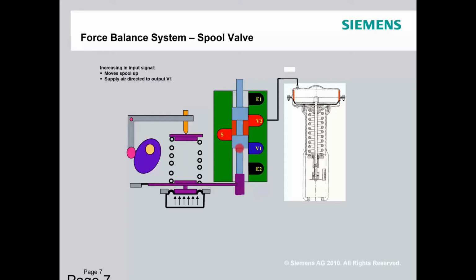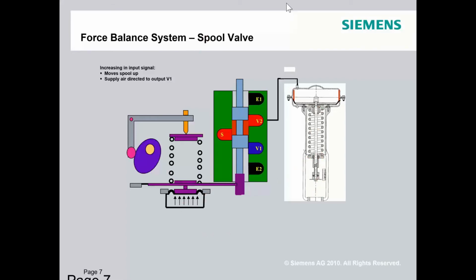And as you can see, that pushed up our spool valve. So it is now pushing some more pressure to our control valve. You can see that our diaphragm has started moving down in the control valve, which starts to stroke our control valve down. So in this case, that would be an air to open function.